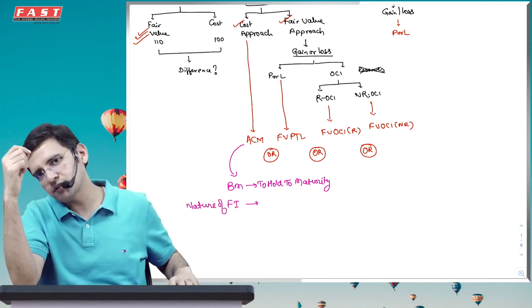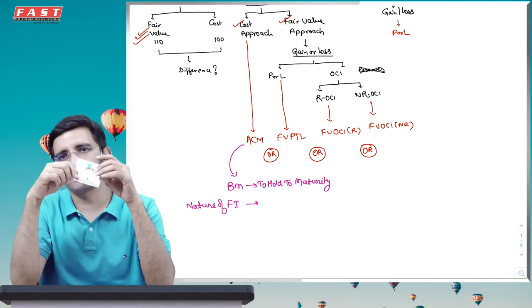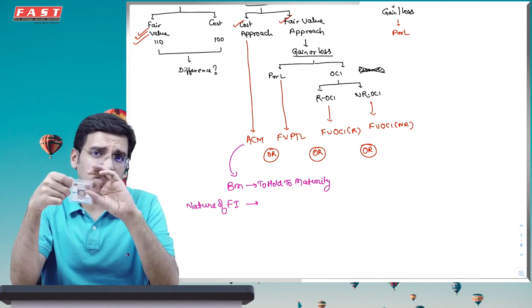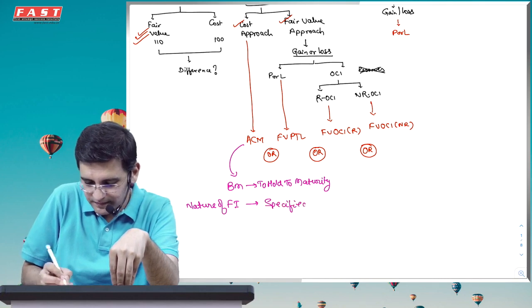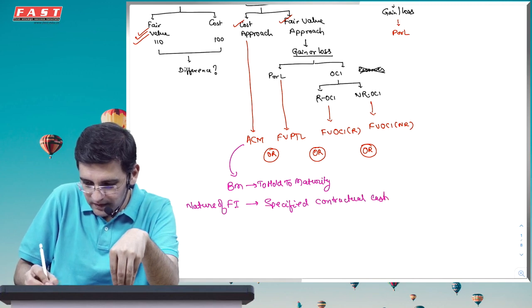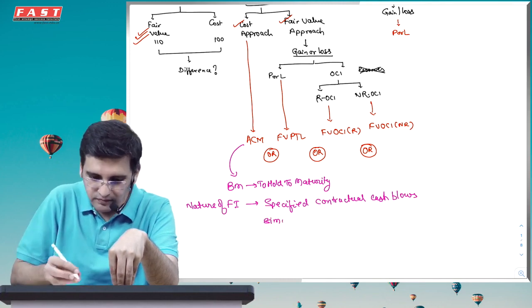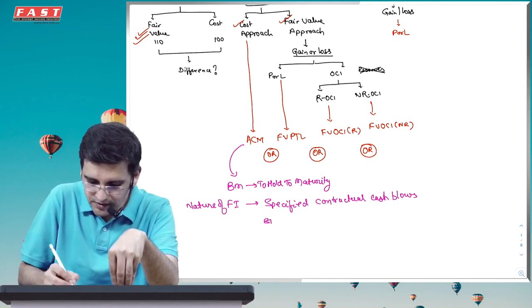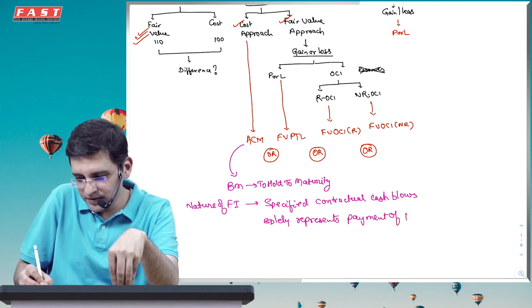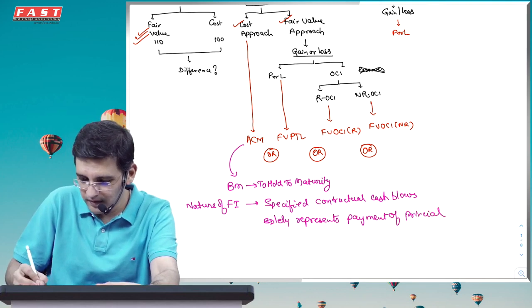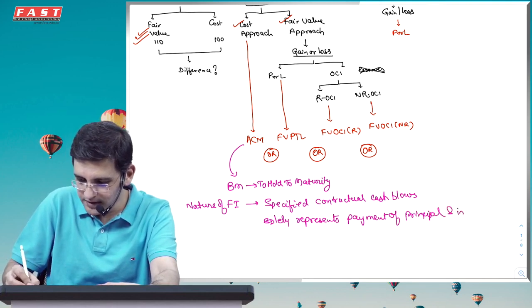So the second question is, my choice of method depends on two things. One is what is my business model, and second, what is the nature of the instrument. The nature of the instrument should be such that the instrument is basically having specified contractual cash flows that solely represents payment of principal and interest.